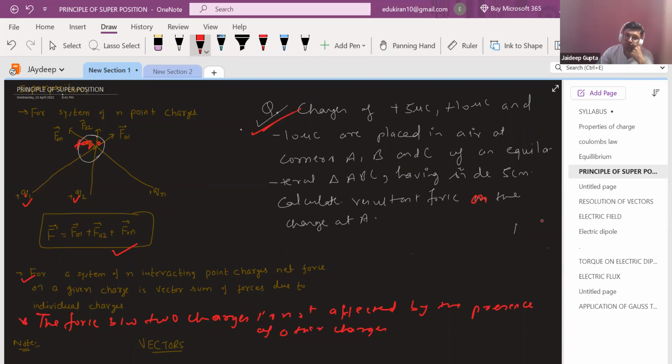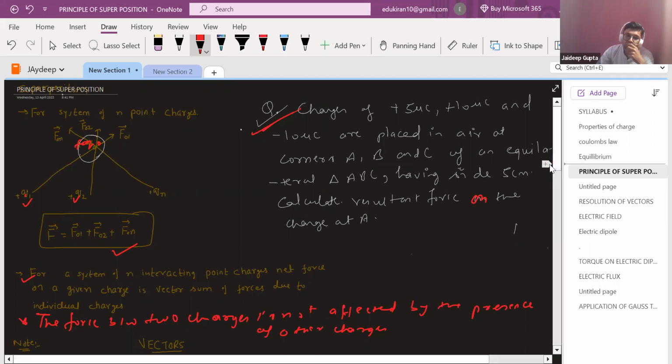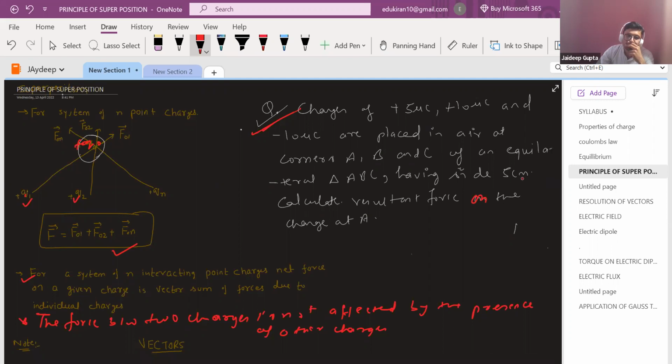Calculate the resultant force on the charge at A. Once you read the question, please let me know. Done, Iram?